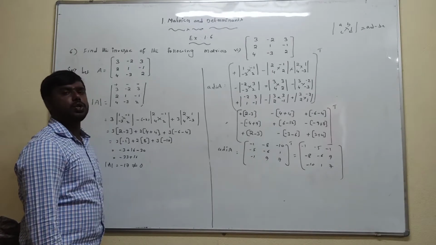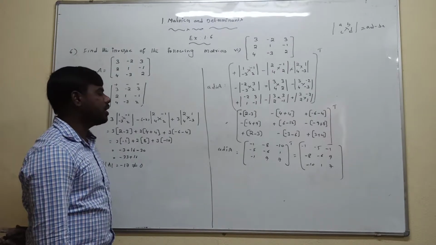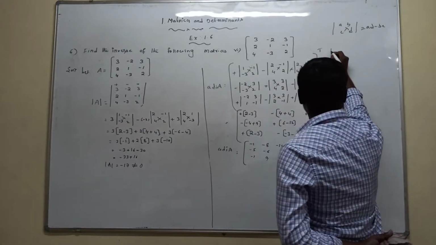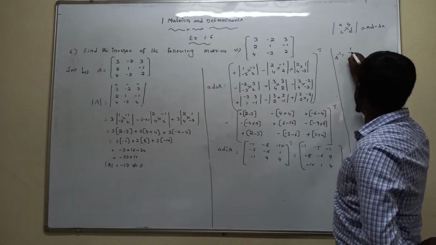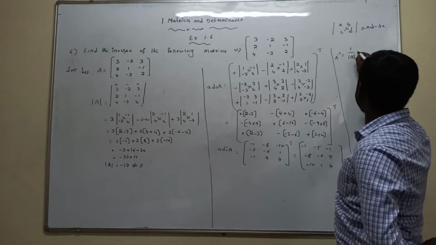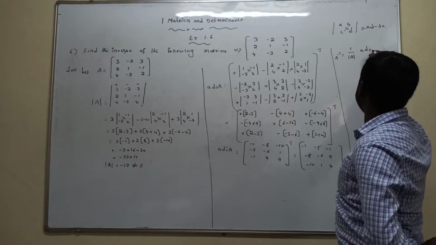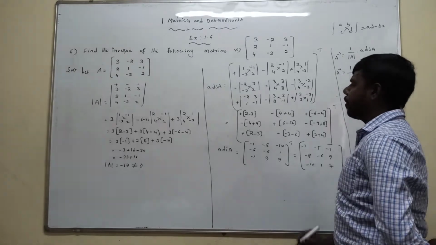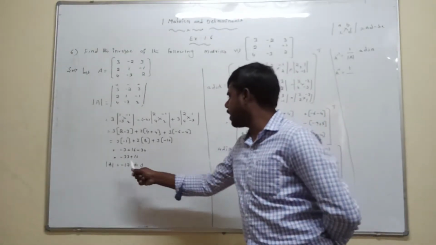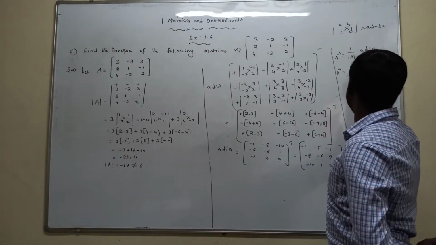Finally, we need to calculate the inverse of the A matrix. What is the inverse of A matrix formula? A inverse is equal to 1 divided by the determinant of A into the adjoint of A. Now, substitute the values: 1 divided by the determinant of A, which is minus 17.